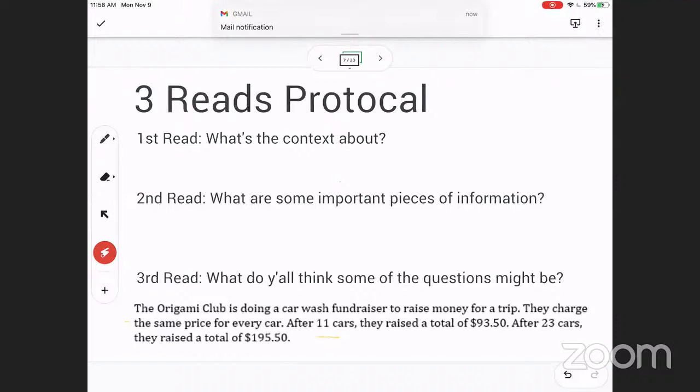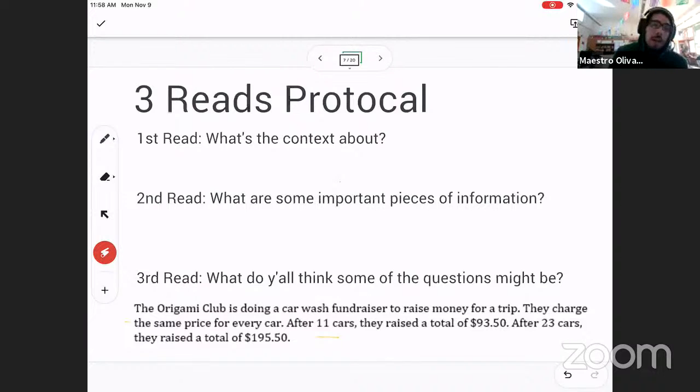The Origami Club is doing a car wash fundraiser to raise money for a trip. They charge the same price for every car. After 11 cars, they raised a total of $93.50. After 23 cars, they raised a total of $195.50. Thank you so much, Avalon.